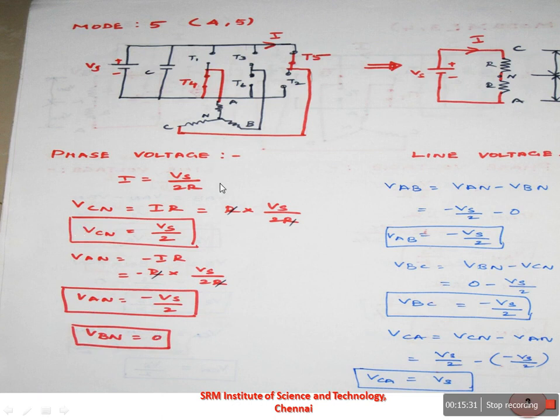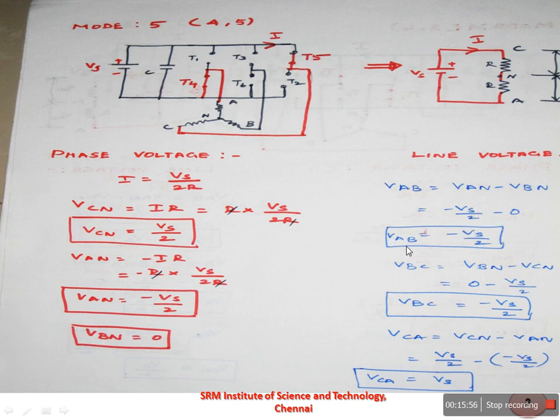Using this phase voltage, we can find out the line voltage. The line voltages for mode 5 operation, VAB, VBC and VCA, can be calculated like this. VAB is equal to VAN minus VBN. VAN, we can substitute the value of minus Vs by 2 here, minus VBN, which is 0.